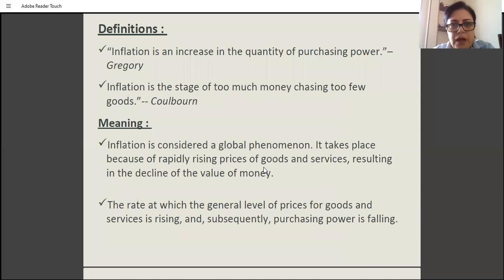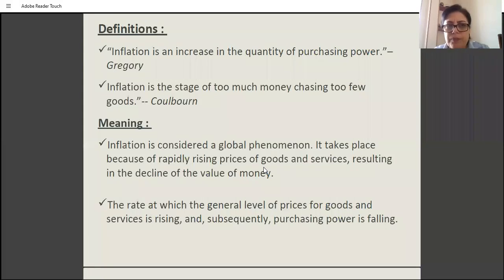Firstly, inflation is majorly classified by economists as the situation when the price level of the majority of goods and services goes up. At the same time, this process happens together with the decline in the purchasing power of money.